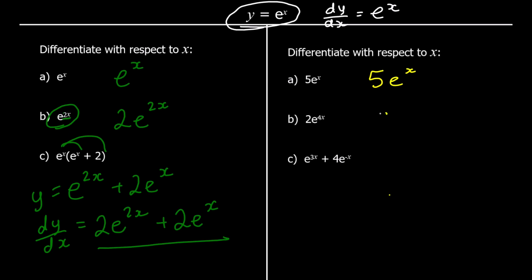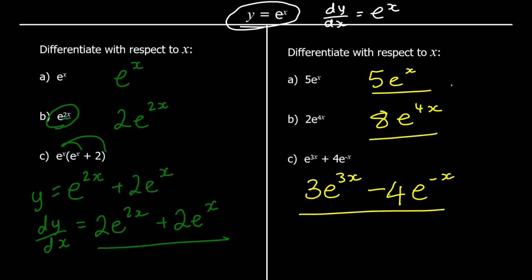So the gradient function is 8e^(4x). And then the last one, e^(3x) differentiated is 3e^(3x) and 4e^(-x). So there's a constant of -1 in the power this time. So we're going to times it by -1. It's going to be -4e to the power of -x.